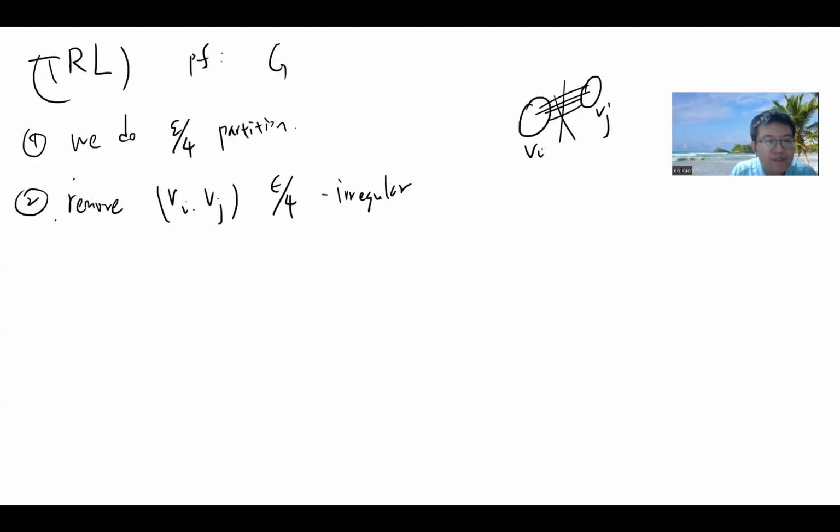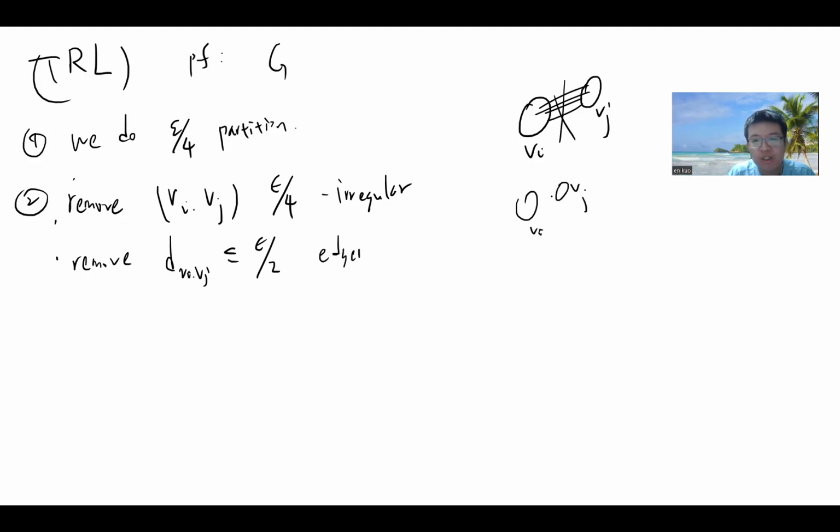The second one is that we remove low density pairs. If d(Vi, Vj) is less than epsilon divided by 2, then we remove all the edges between them. So if Vi and Vj have low density, very few edges, then we remove them. And finally we remove small parts.